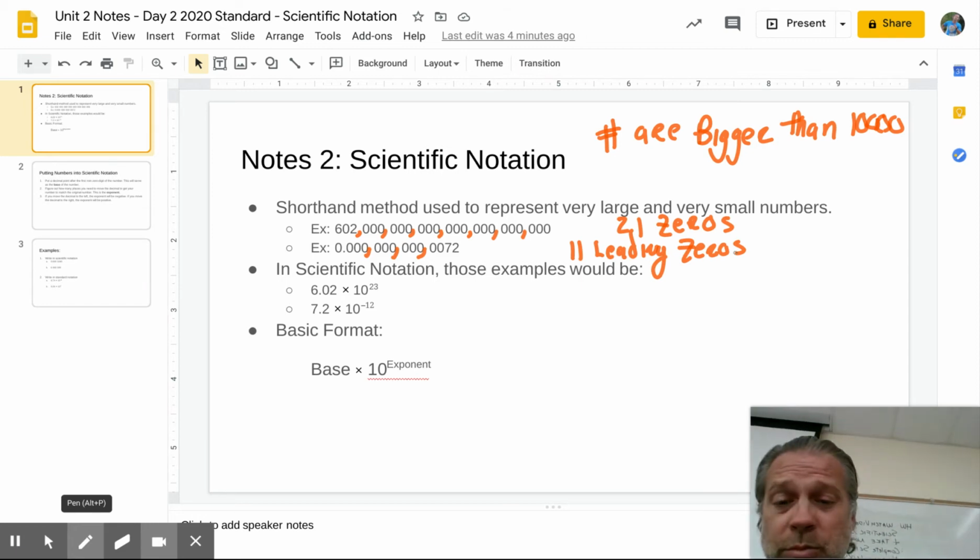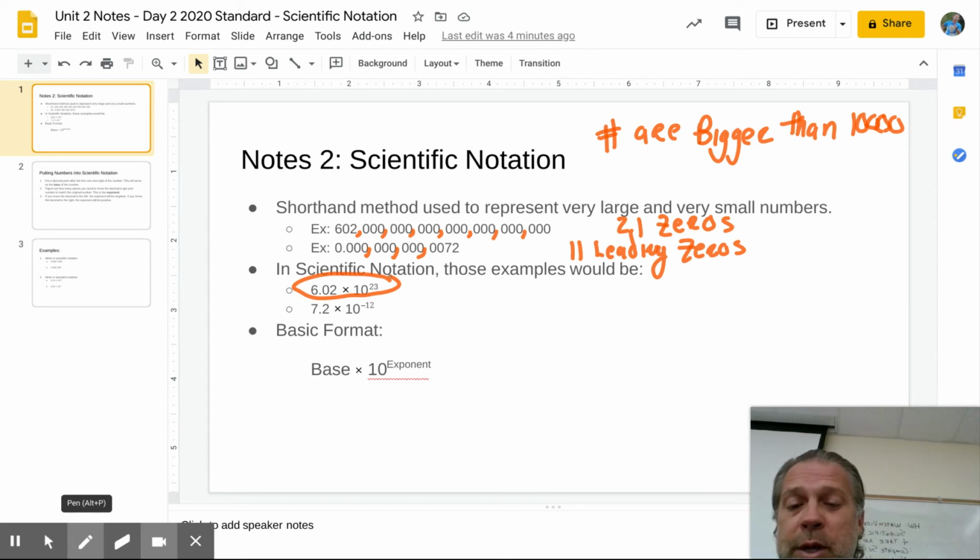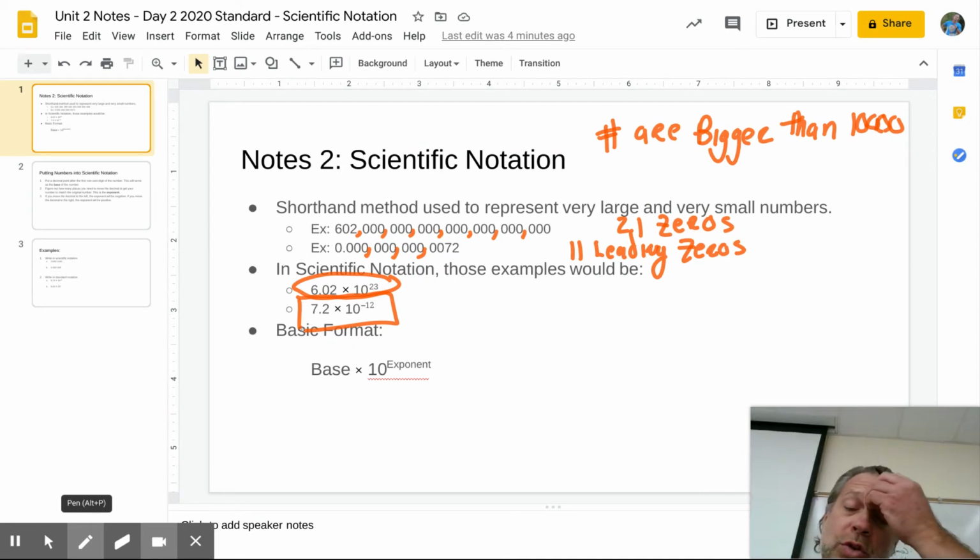So in the case of 602 with 21 zeros after it, it becomes 6.02 times 10 to the 23rd. And in the case of 0.0000000000072, it becomes 7.2 times 10 to the minus 12. And so those two numbers, the way that they're written, mean the exact same thing as the numbers above.